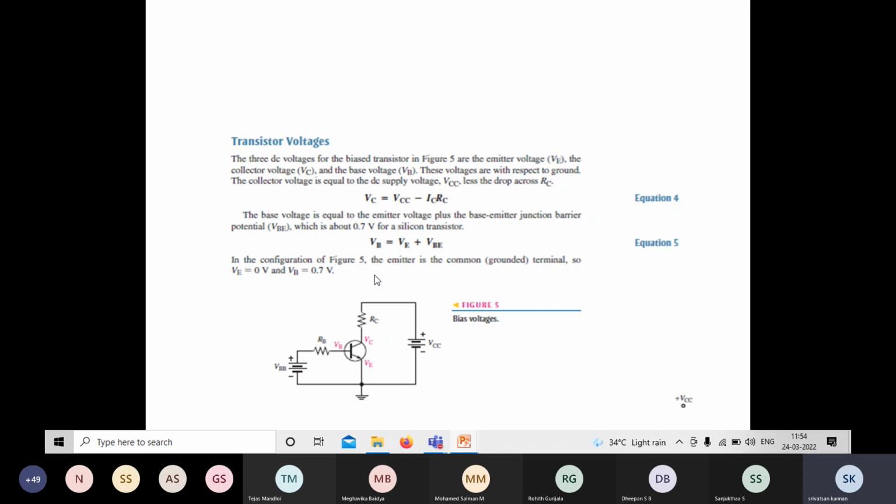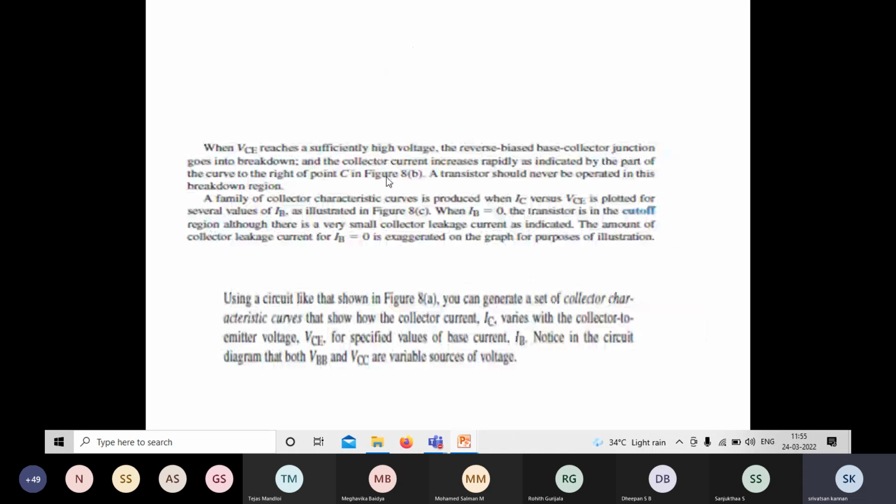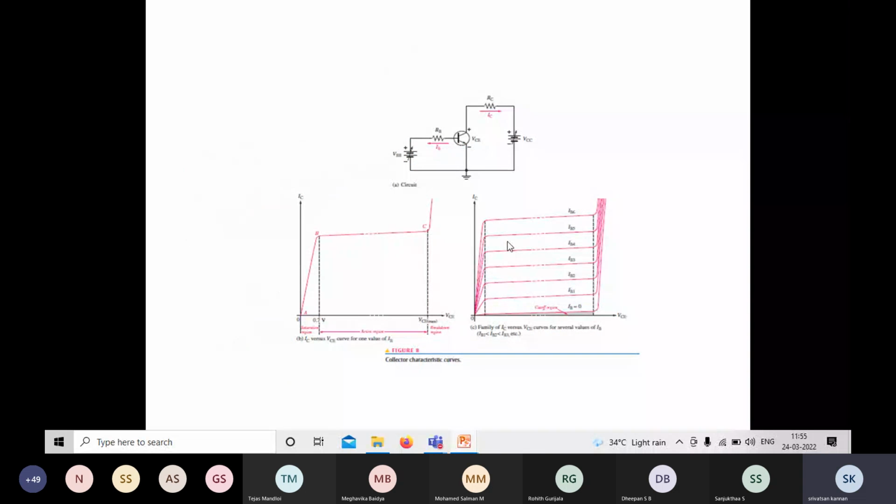And if you write the KVL across the output loop and input loop, you will get the set of equations. This can be easily obtained. And in the last class we did the input characteristics and output characteristics of the transistor. So we observed that on increasing the base current, the collector current is also increased. So this is IB0, IB1, IB2, IB3, and so on.